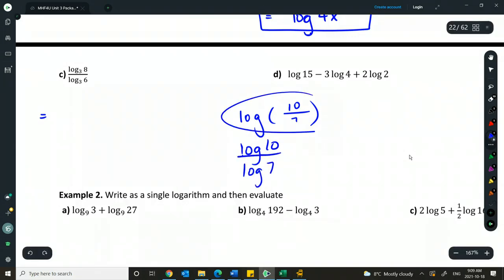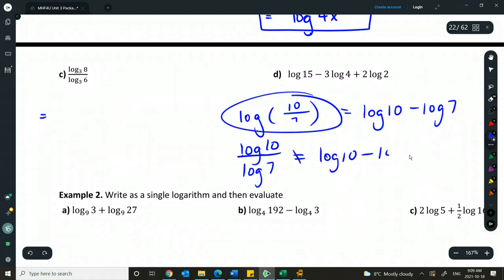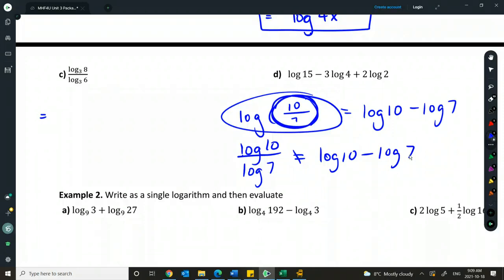Okay? This is what would result from having something like log of 10 minus log of 7. This is not equal to the log of 10 minus the log of 7.